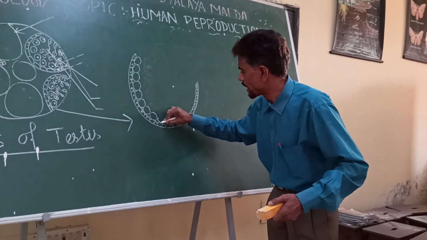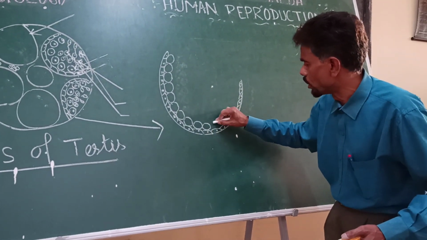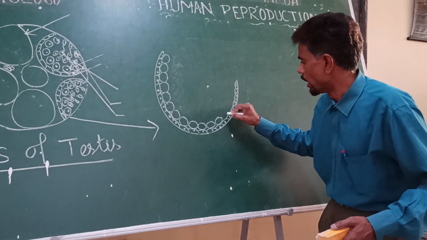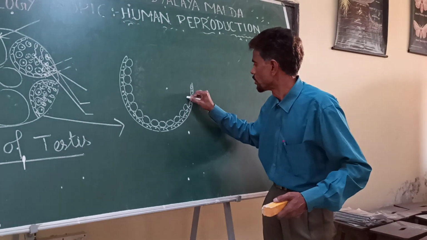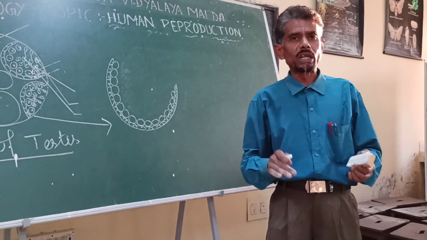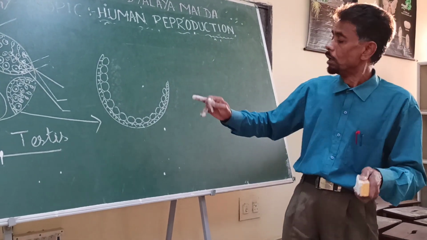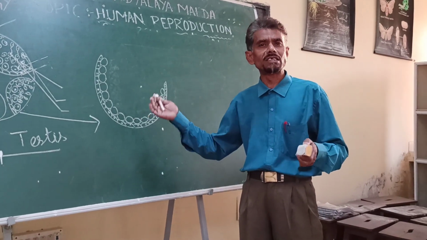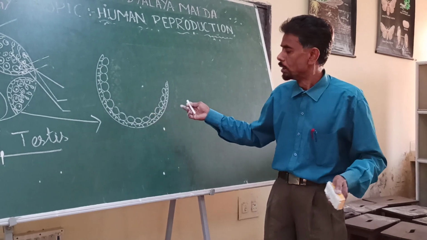This is a little new concept, not given in detail in your NCERT textbook, but you add here: what is a stem cell? A stem cell is a cell which is potentially active for giving rise to any kind of cell. So the spermatogonial stem cell can give rise to a functional spermatogonial cell by a differentiation process.